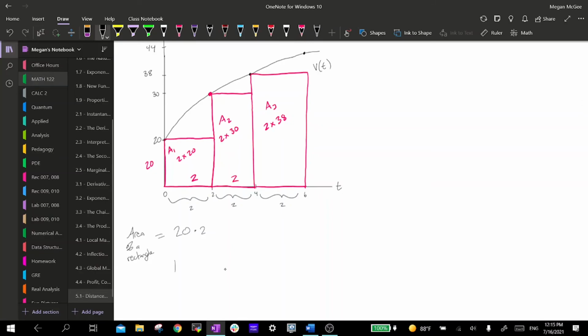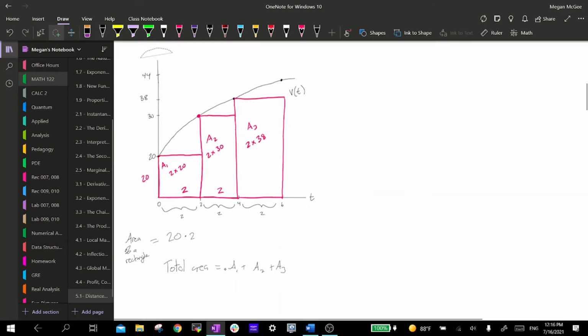So our total area is going to be the sum of all 3 areas, which is exactly how we just calculated the distance. But remember, this was our underestimate. How about our overestimate? How did that one look?